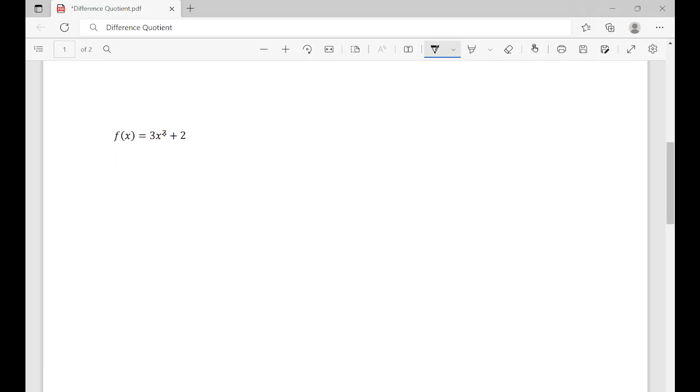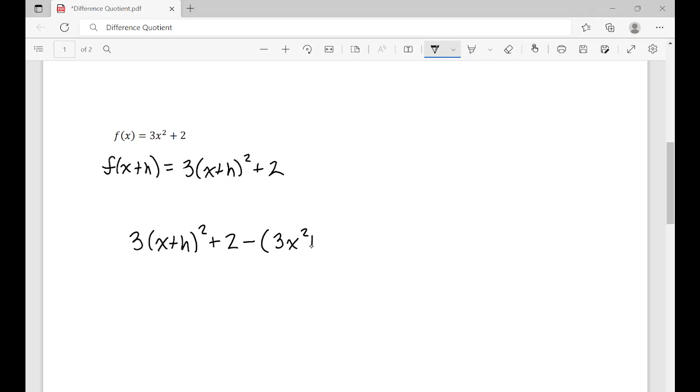Now let's do it again, except this time it's going to be a little bit harder. Again, f of x plus h is just going to be 3 times x plus h squared plus 2. Wherever there's an x, it's replaced with x plus h. So now I can plug this into my difference quotient. It's going to be 3 times x plus h squared plus 2 minus the function itself, 3x squared plus 2, divided by h.